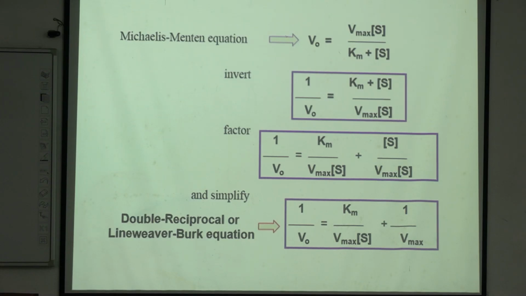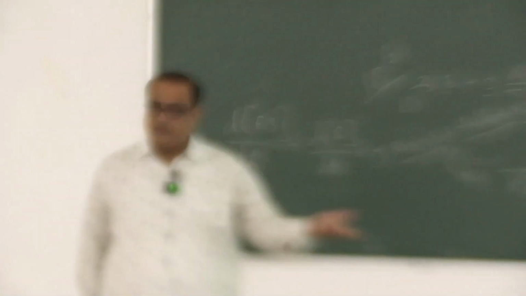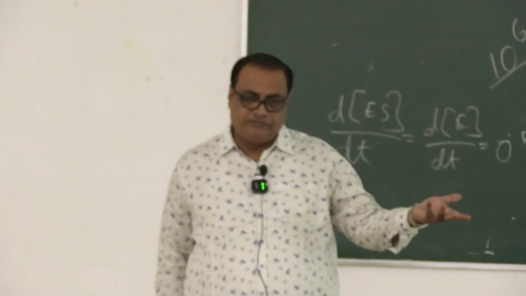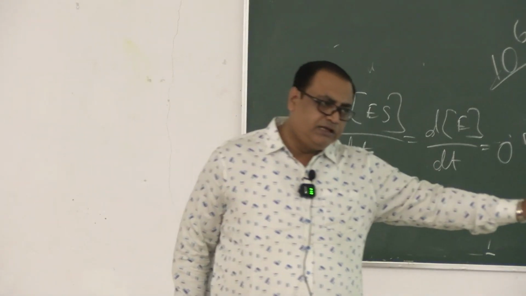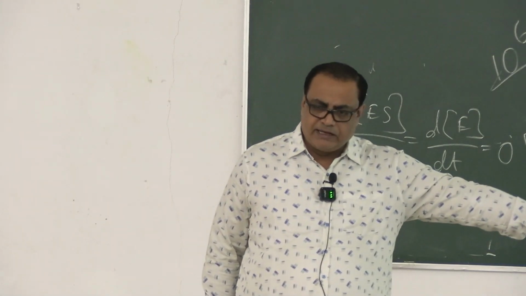Lineweaver is one person's name, Burk is another's. Lineweaver-Burk Plot or equation, okay. There are many other forms of representation of the graph, but we will study only this apart from Michaelis-Menten.